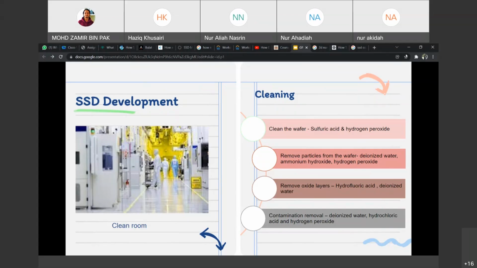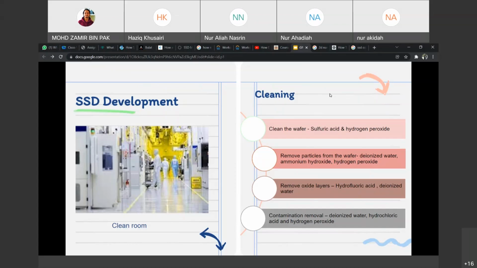The silicon wafers will go through several cleaning baths. The first bath is sulfuric acid and hydrogen peroxide, which is to clean the wafer. The second is deionized water, ammonium hydroxide, and hydrogen peroxide to remove particles from the wafer. Hydrochloric acid and deionized water is then used to remove the oxide layer.